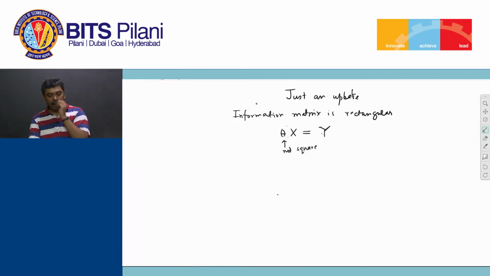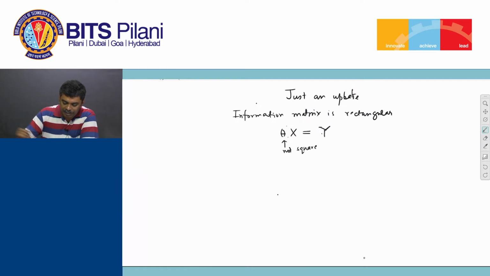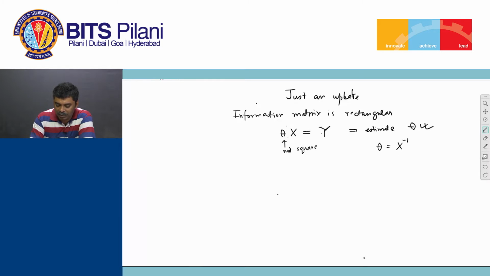This theta is where you hold all the parameters that you would want to estimate. So let's go back. I have to estimate theta. From a linear system, ideally I should have x inverse y, isn't it? But this is not the case.